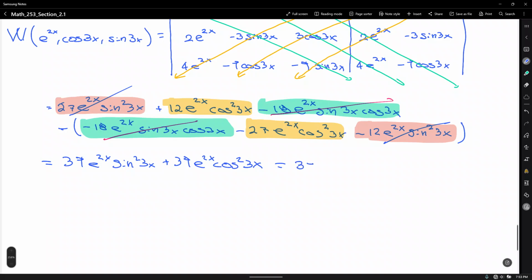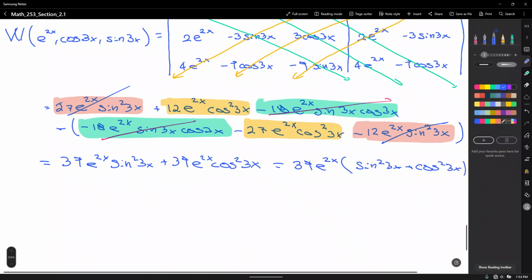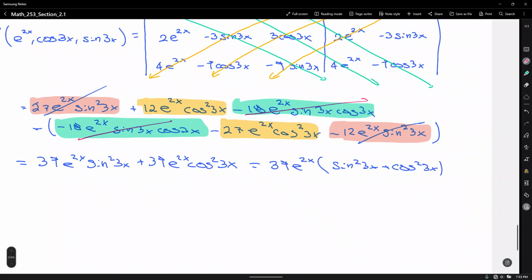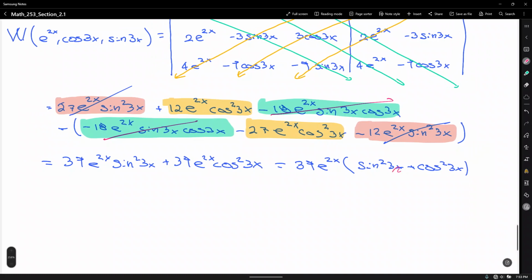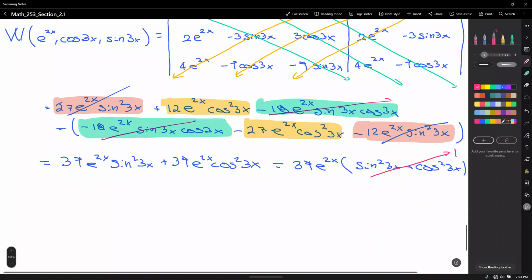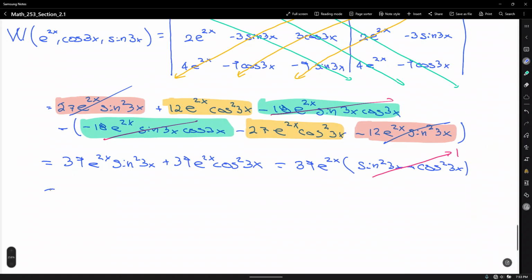If we factor out 39 e to the 2x, that's going to leave us with sine squared 3x plus cosine squared 3x. And that spawns one of the most important identities in trigonometry, the Pythagorean identity, which equals 1. And our final result equals 39 e to the 2x.